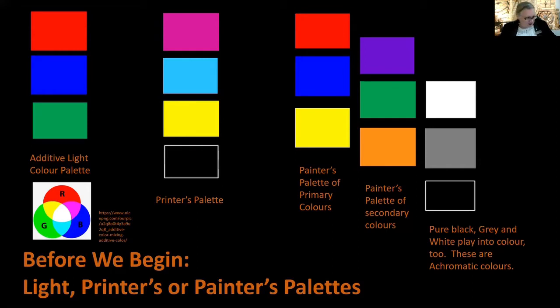That's not what I'm going to be talking about. The printer's palette, or the one in the middle, is used for print. That's what we see coming off of our printers. It's a mix of cyan, magenta, yellow, and black. But what we're going to look at is the subtractive color of the printer's palette.